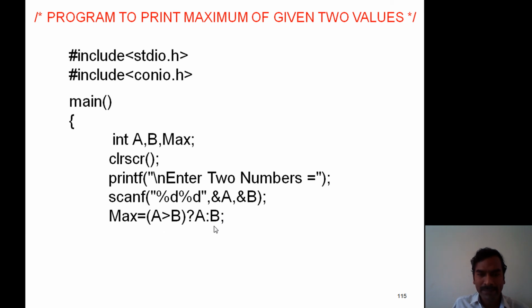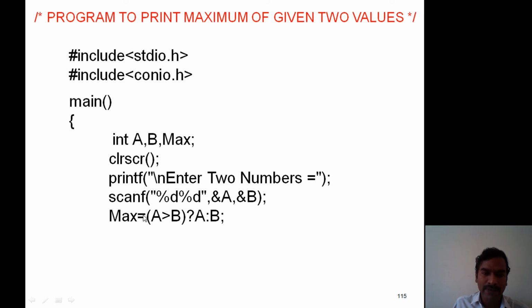Here the internal meaning: if A greater than B is true, control reaches expression 2, that is A, so A is the maximum value and A value is assigned to max. If A greater than B is false, control reaches expression 3, that is B, and B value is assigned to max.